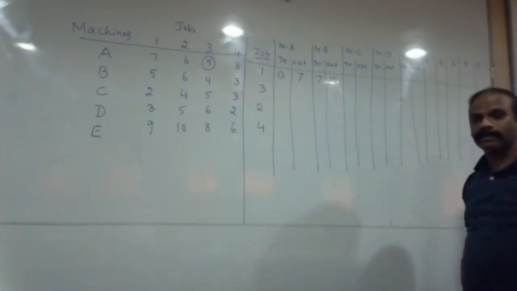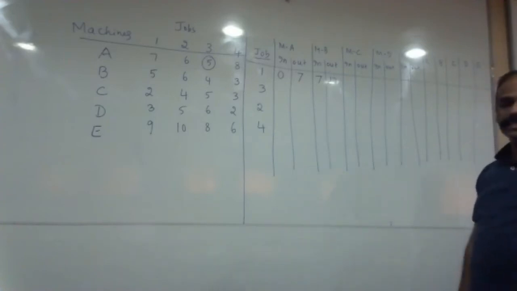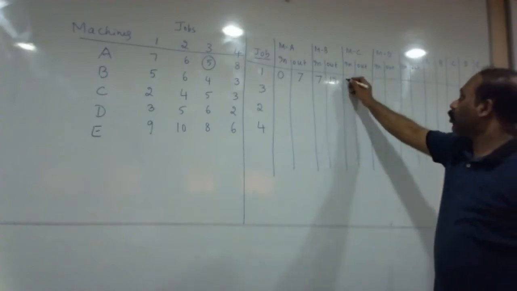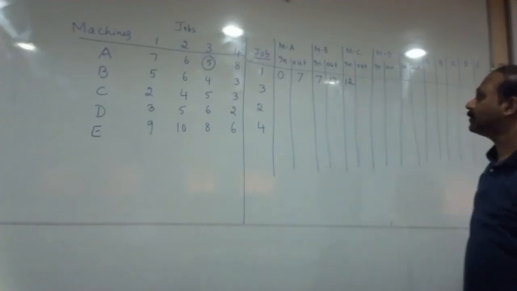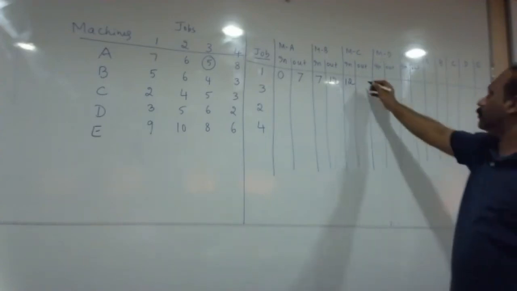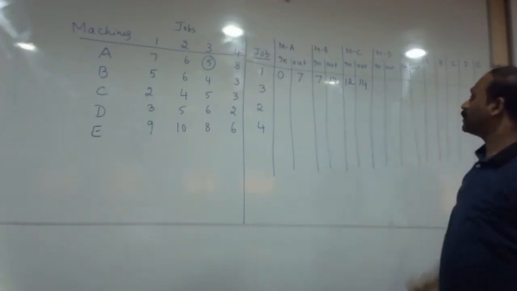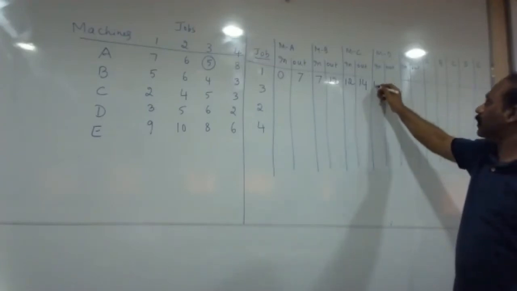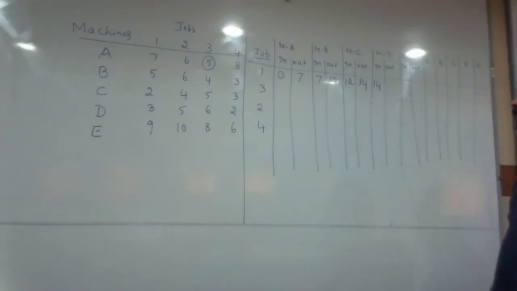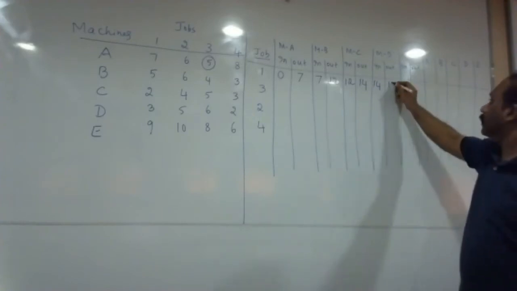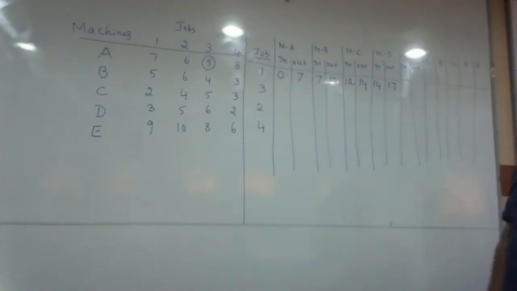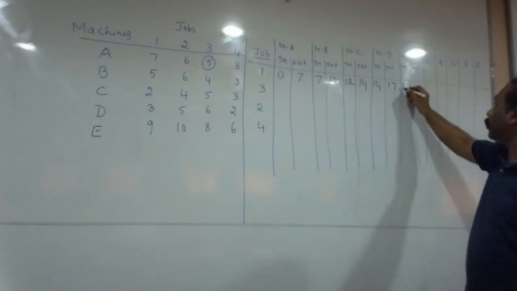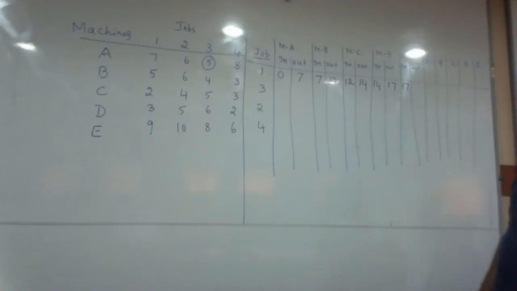And then machine C starts at what time? 12. And what time does it come out? 14. Machine D starts at what time? 14. And what time does it come out? 17. Machine E starts at what time? 17. And what time does it come out? 26.